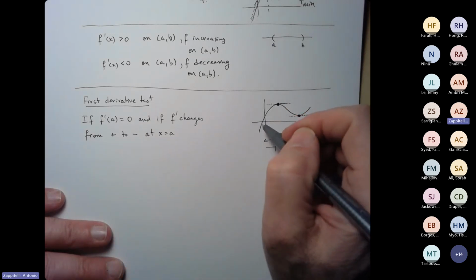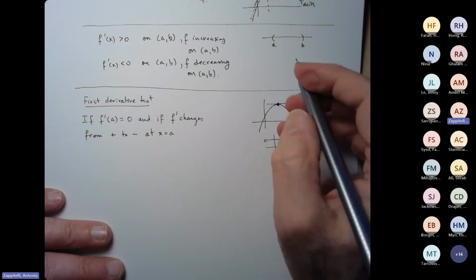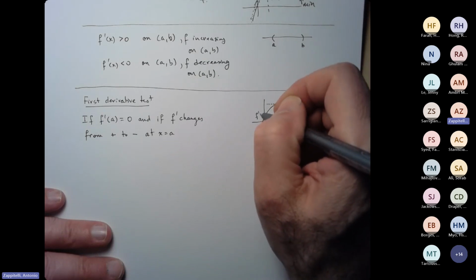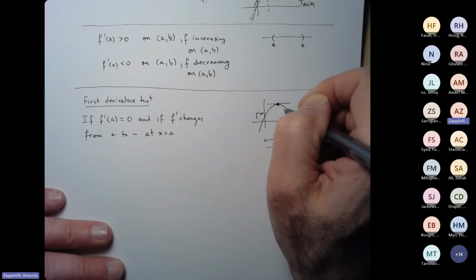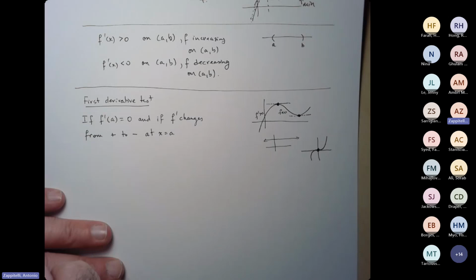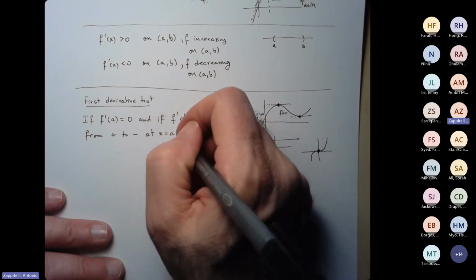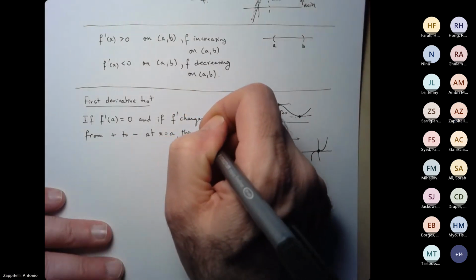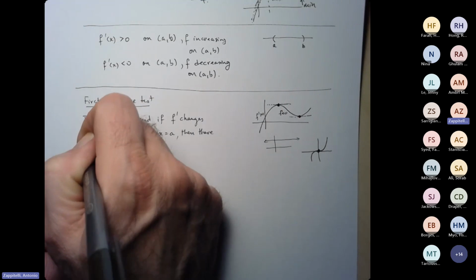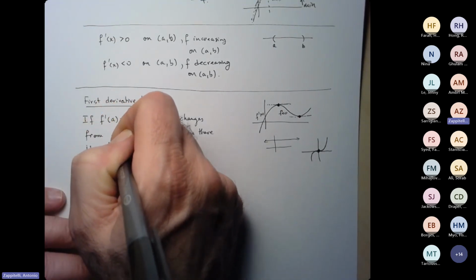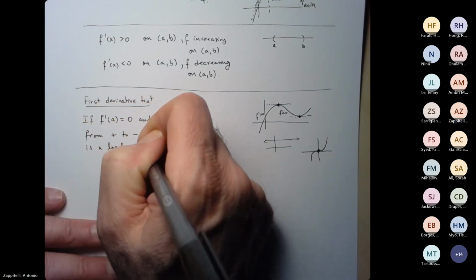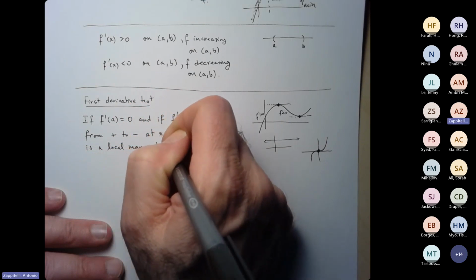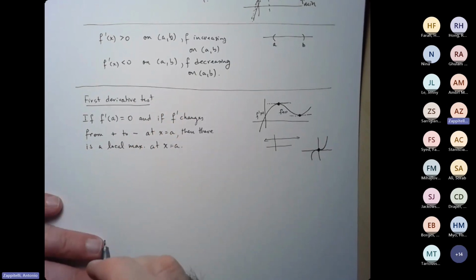So if you go from increasing to decreasing, in other words, first derivative positive to first derivative negative, okay, we have a local maximum, then there is a local maximum at x equals a, okay?